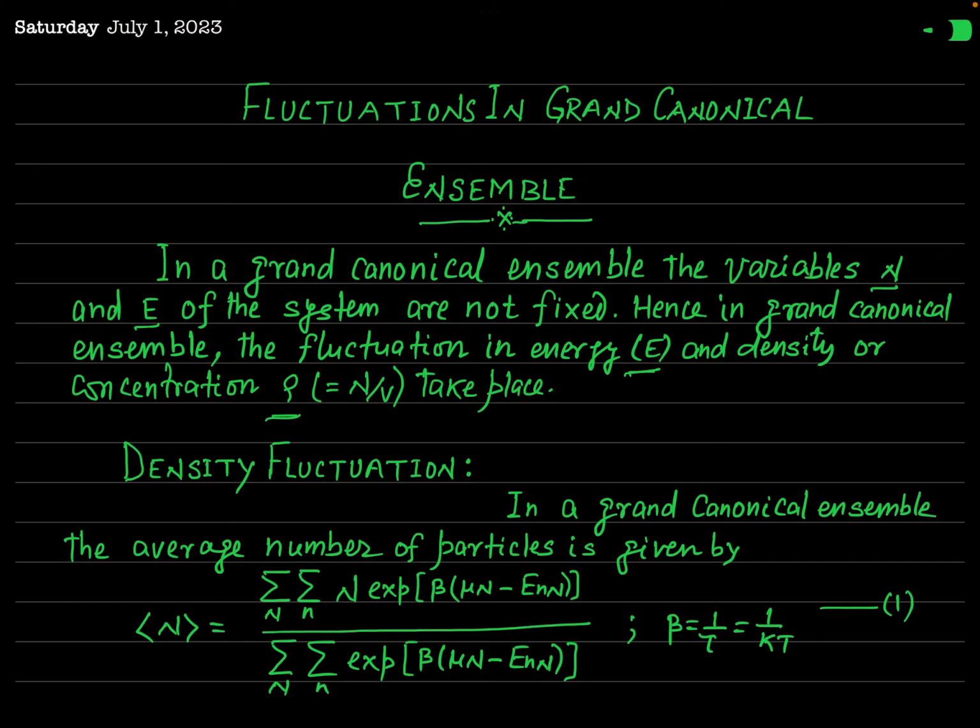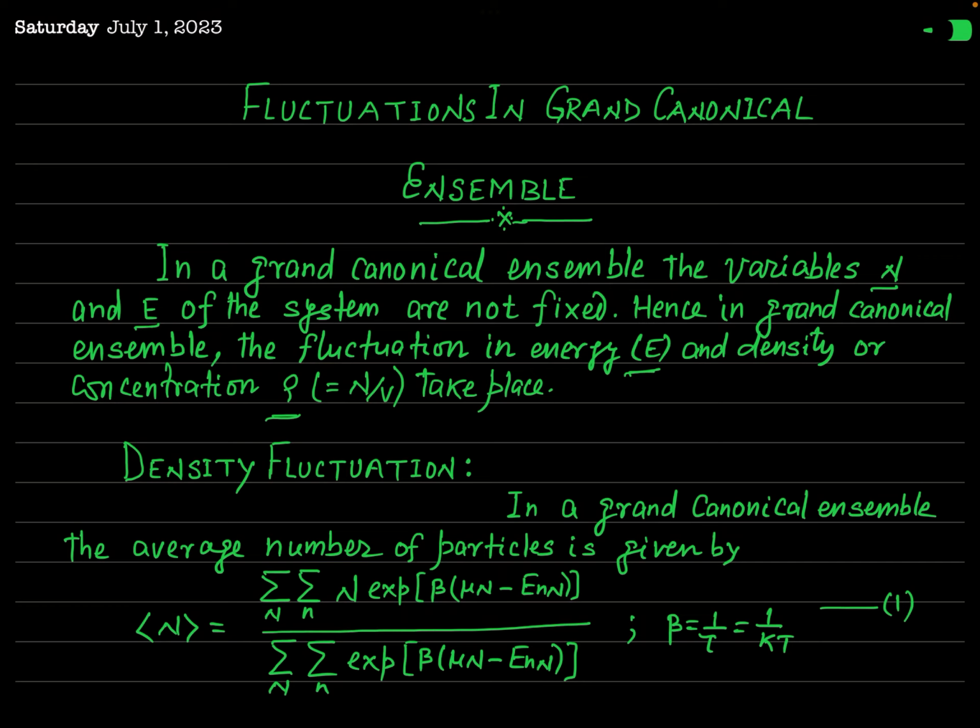I am leaving it as homework for you. You watch the video on calculation of fluctuation in energy in case of canonical ensemble, and on the same line you have to try to find the fluctuation of energy in case of grand canonical ensemble.